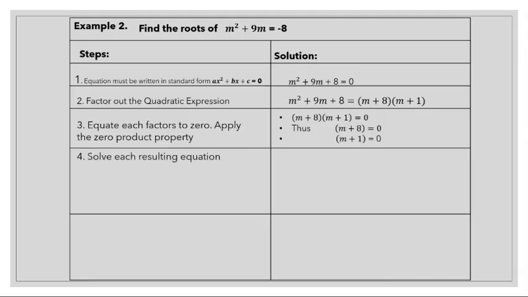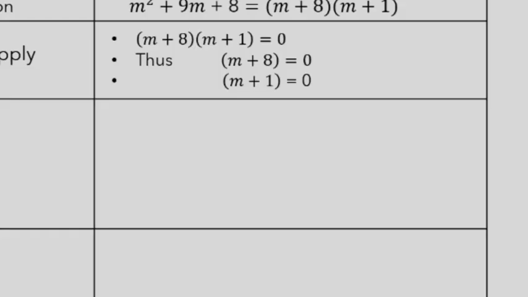Fourth step. Solve each resulting equation. M plus 8 is equal to 0. Add both sides by negative 8. Then m is equal to negative 8. M plus 1 is equal to 0. Add both sides by negative 1. Then m is equal to negative 1.